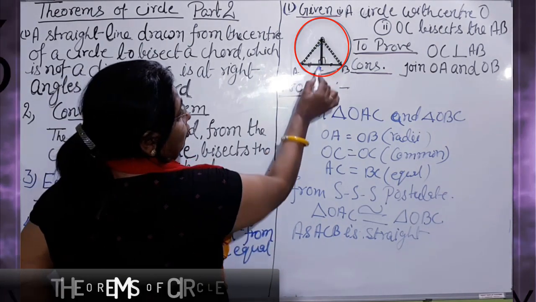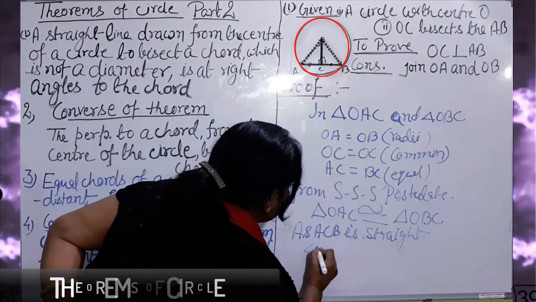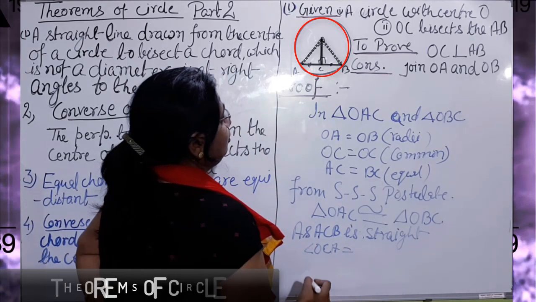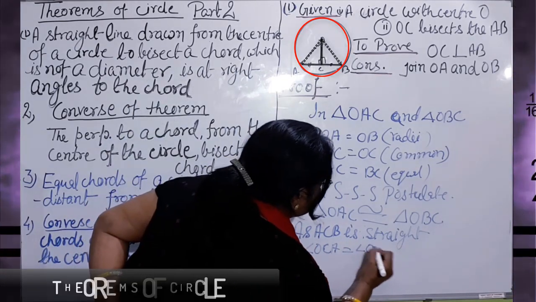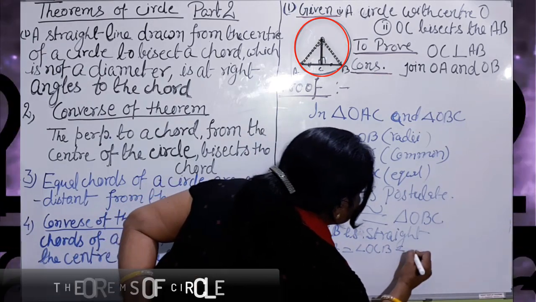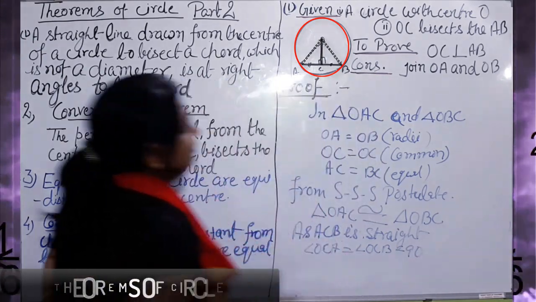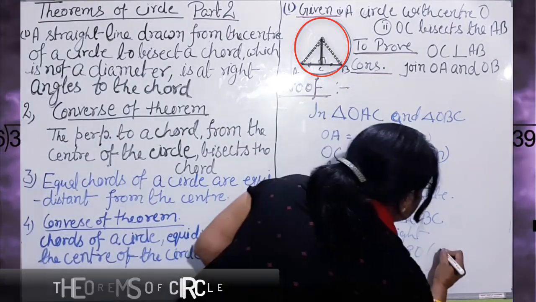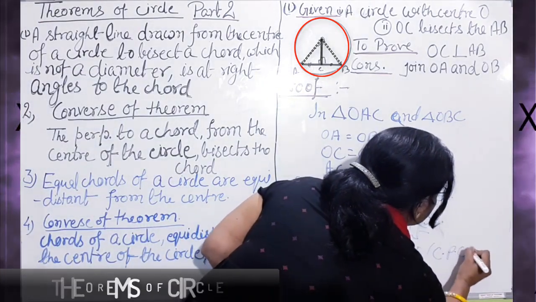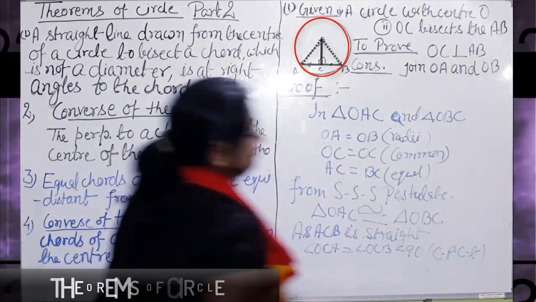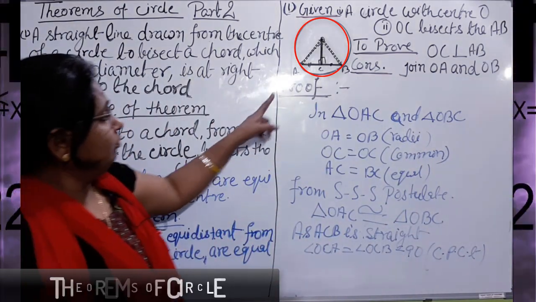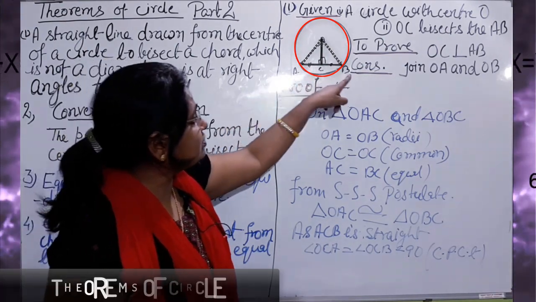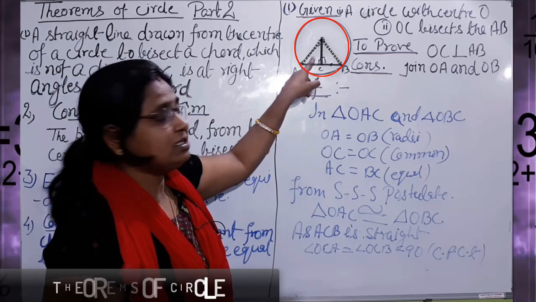So angle OCA is equal to angle OCB by CPCT. By CPCT both angles are the same, and as this line is straight, it is 90-90.